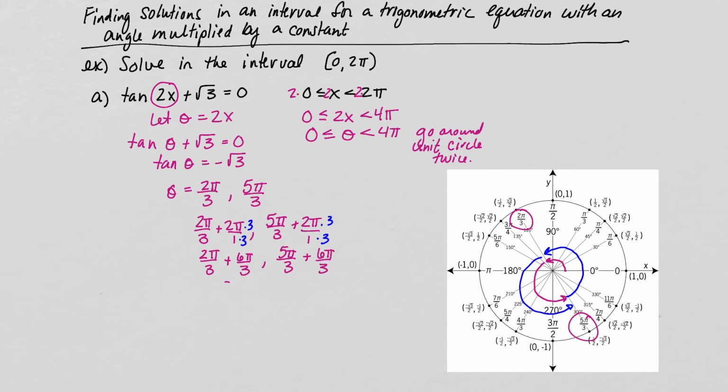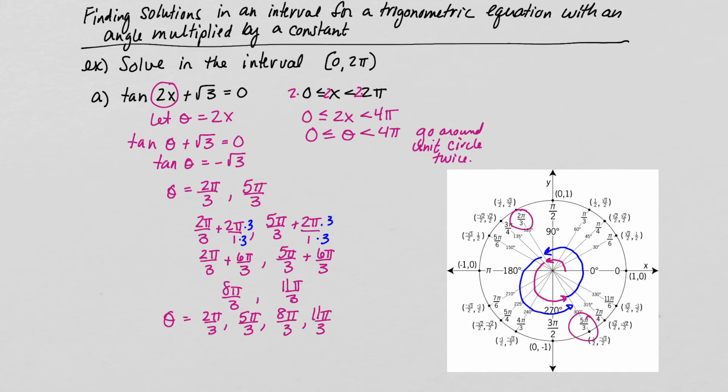So we end up with 8 pi over 3 and 11 pi over 3. Okay, so what does that mean? Well, that means that right now we found that the answers are theta equals 2 pi over 3, 5 pi over 3, 8 pi over 3, and 11 pi over 3.